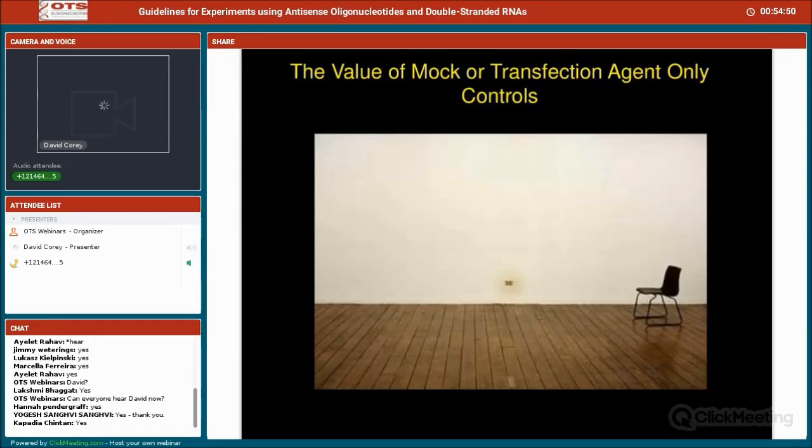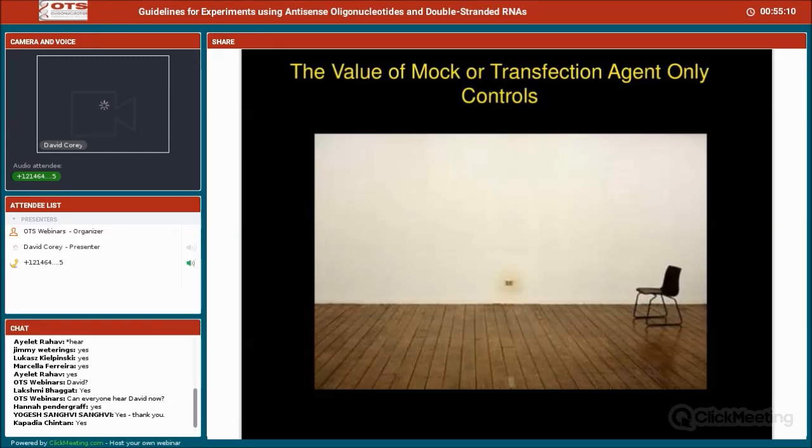Sometimes I have discussions with people about the value of mock or transfection agent only controls. I would say that these controls are not a useful use of an experimenter's time, especially one who's experienced at using transfection reagents.